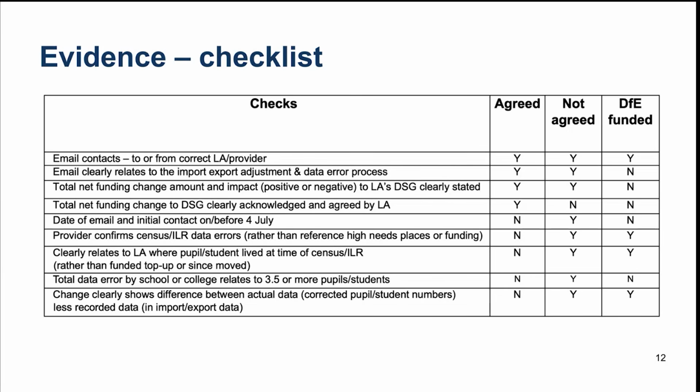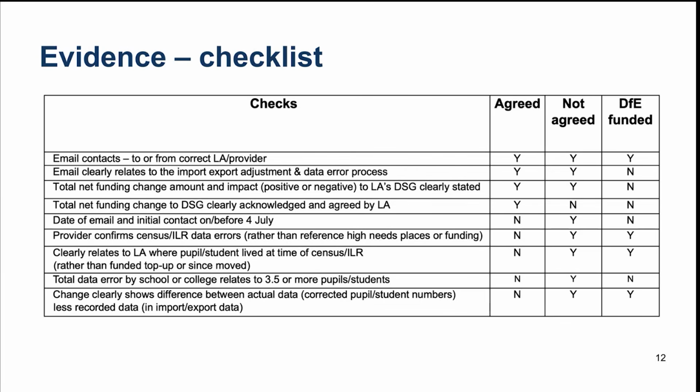On the fourth row, where this is clearly agreed with the local authority and the previous checks have been met, this is sufficient and can be an agreed change on the template. Where it isn't clearly agreed with the local authority or no reply is received, this would then be considered a not agreed change in the template, and the initial communication must have been sent before the 4th of July, and that's shown at row 5.